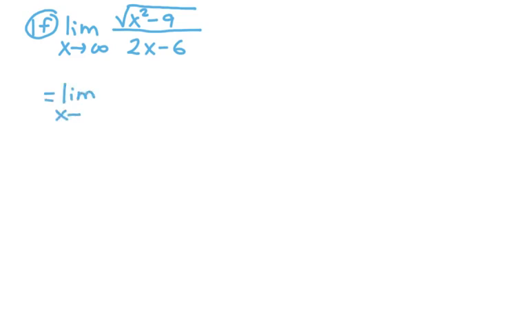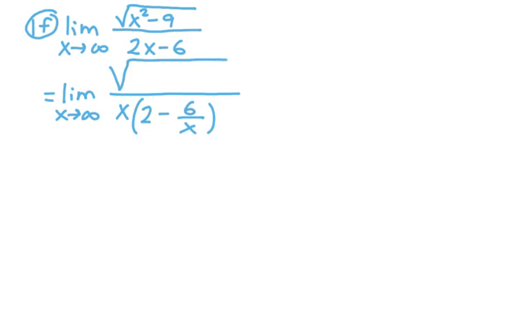So I'm going to take the limit as x goes to infinity of. Now remember the trick here. In the denominator, I can factor out an x. Now when I do that, I get 2 minus 6 divided by x. In the numerator, within the radical, I'm going to factor out an x squared. Now, when I do, I get 1 minus 9 divided by x squared.